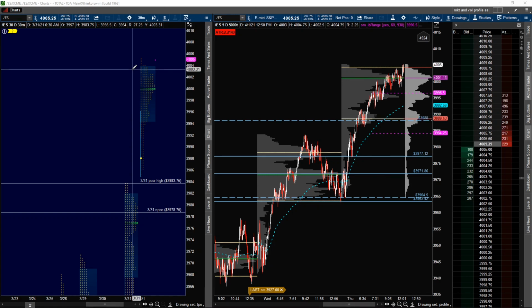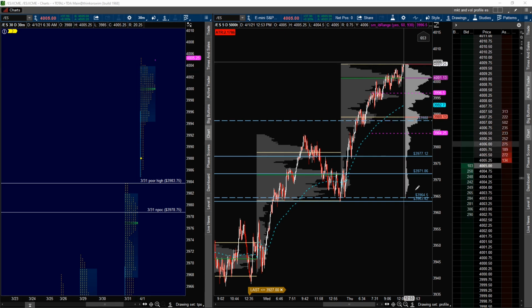There it is. It took them out, and right now it's sitting at 4,005.25. It came up, right? So we'll see what it comes up to. This 4,007 is the next pull. Okay, see this area with 500 offer right now.